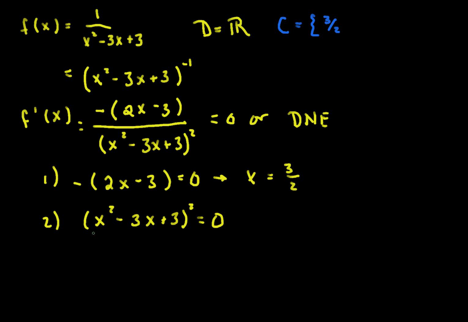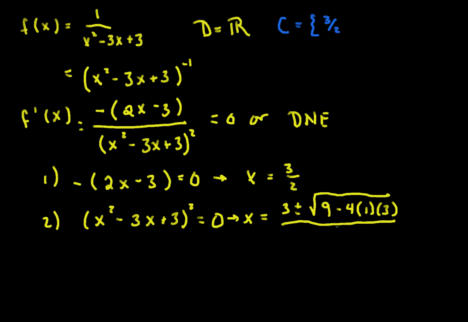So let me use the quadratic formula. This is when x is equal to negative b, so that's 3, plus or minus the square root of b squared, so that's 9, minus 4 times 1 times 3, all divided by 2a.